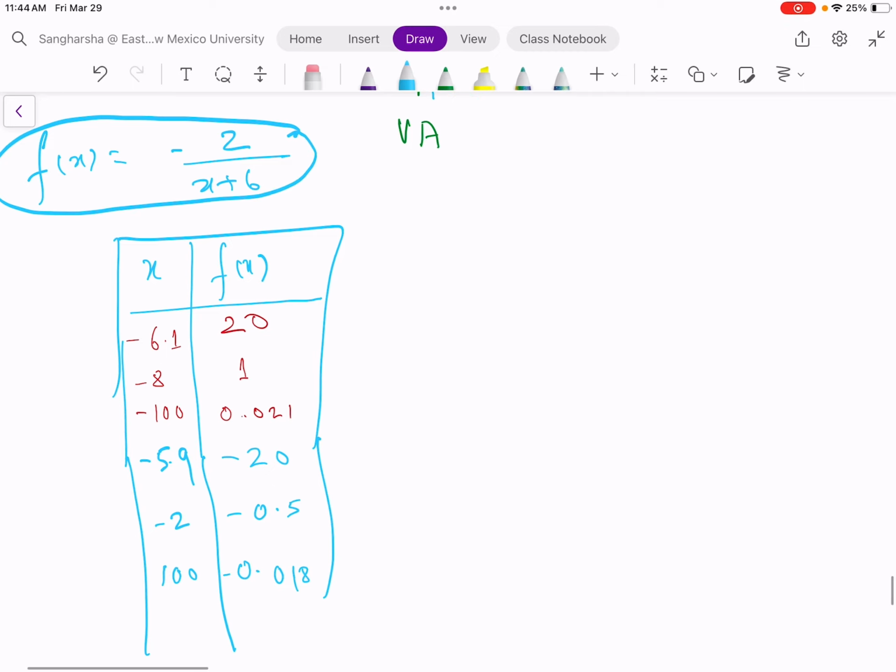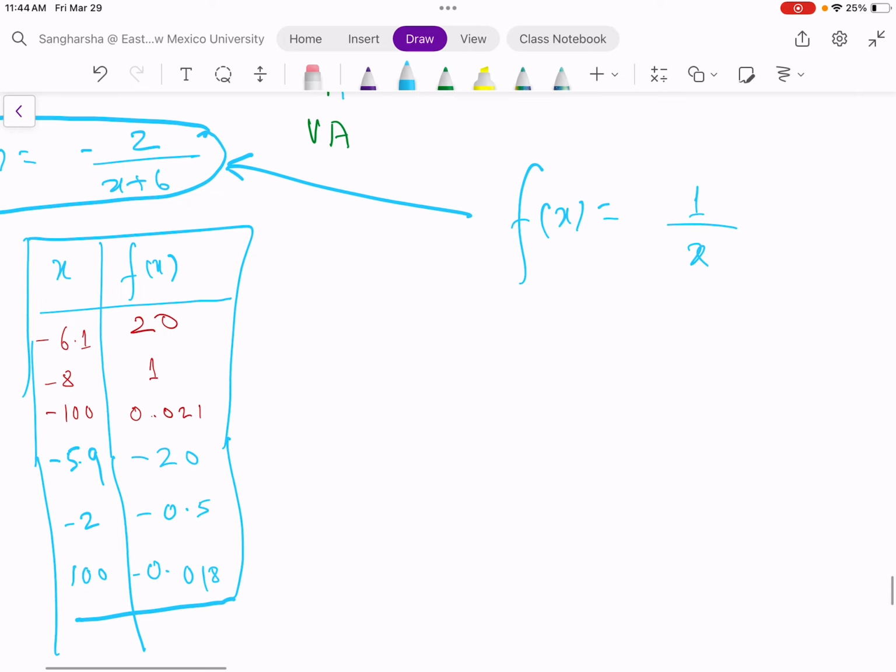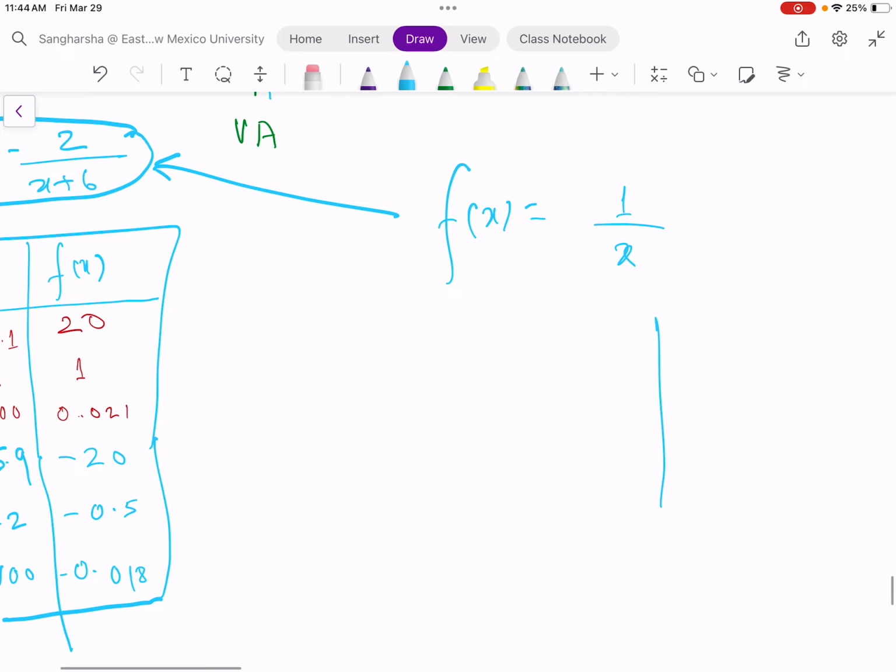If we want to use a transformation concept, what is the basic function for this one? So this is a rational function, right? And the basic function for a rational function is 1 over x, right? And the graph of this function is, so this is the graph of this function.